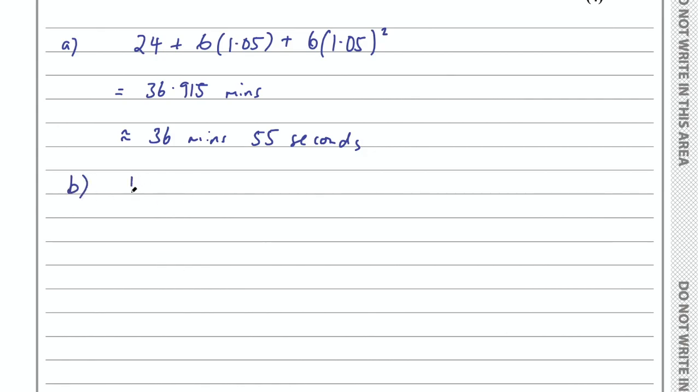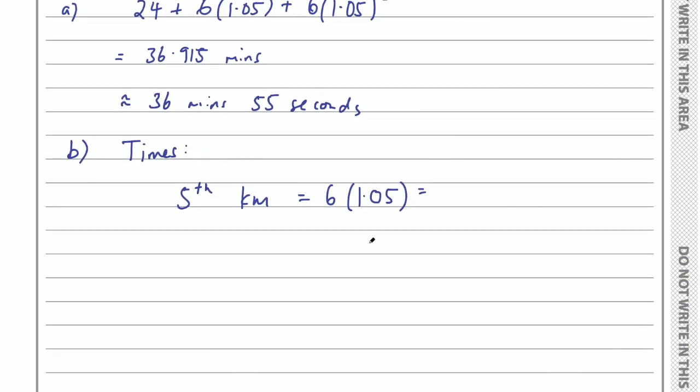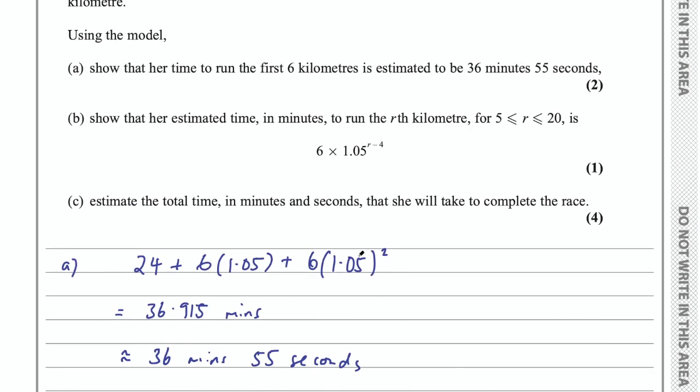So I would say the times, let's start with the 5th kilometer. This would be 6 multiplied by 1.05, right? I've already done that in the previous question. And in terms of r, how could I express that? r being the rth kilometer.